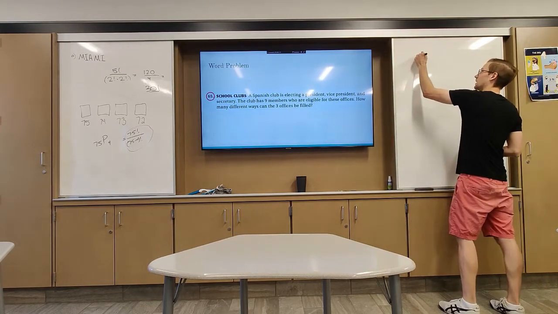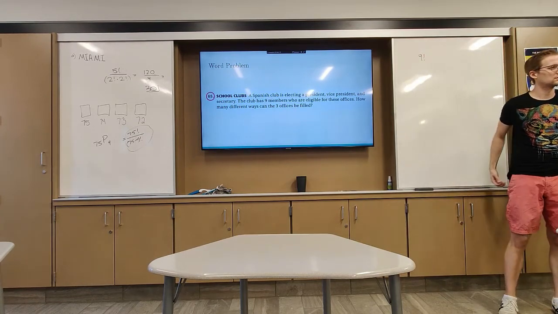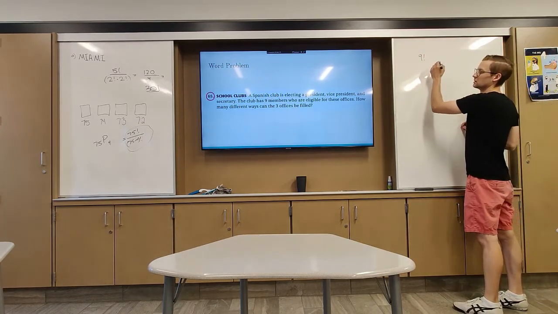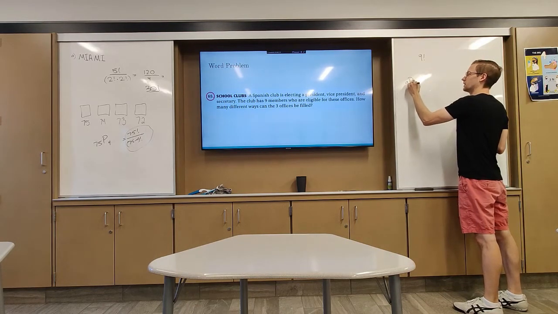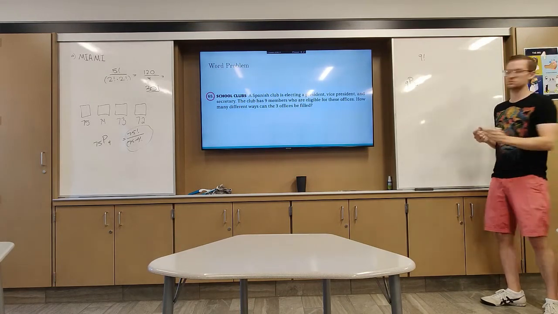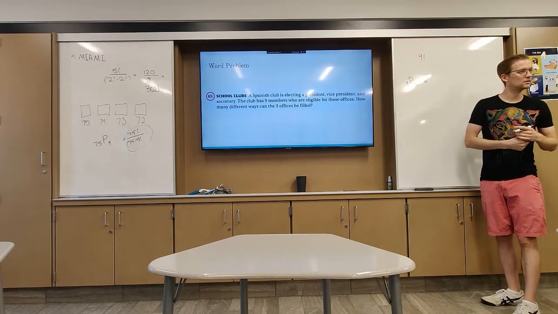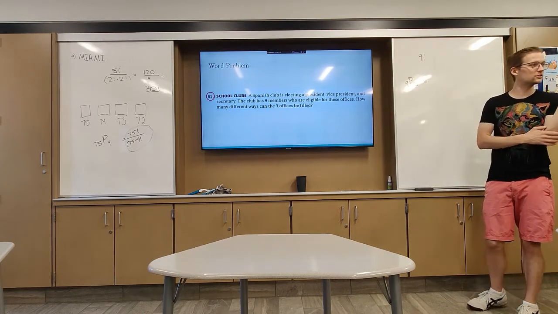Okay. 9 factorial. And then on the bottom it would be 3 factorial. Well, the question is 9 pick 3, right? And my formula for 9 pick 3 is what? Do you have it written down on your notes somewhere?